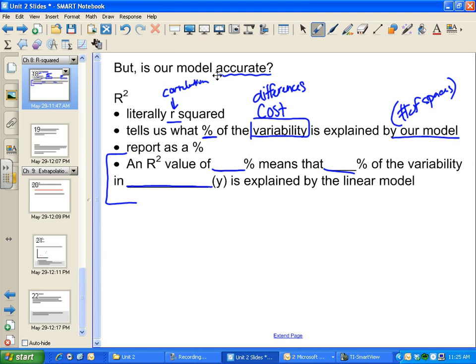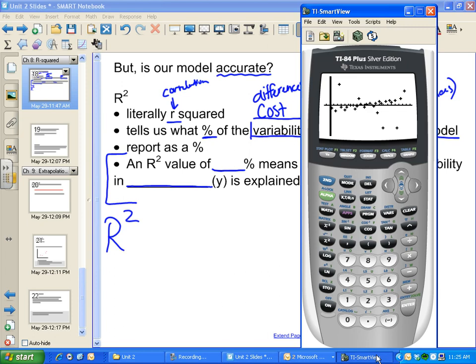So where do we get this mysterious R-squared number? And let's practice the no-bake cookie recipe with this example of Monopoly. So just to remind you, we can get a linear regression by going to Stat, Calculate. I always use option 8, and then we tell it the two lists we're using. Always go in X, Y order.